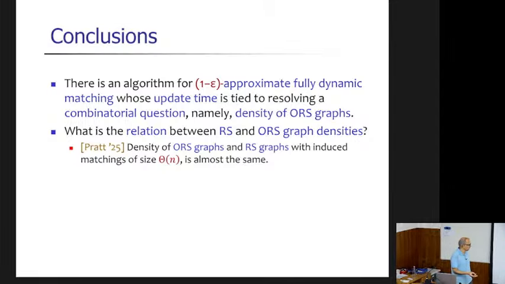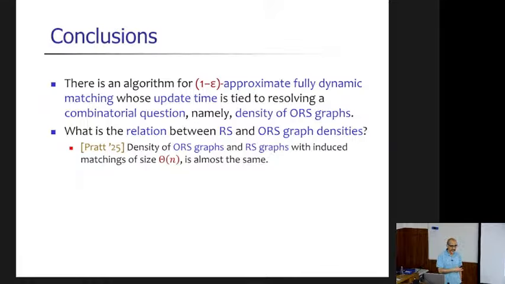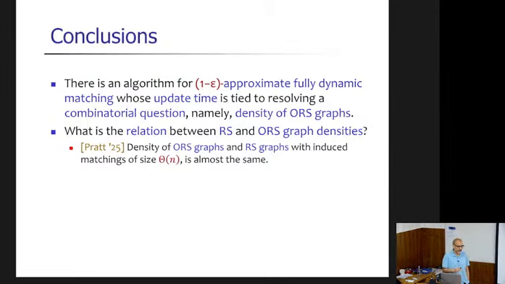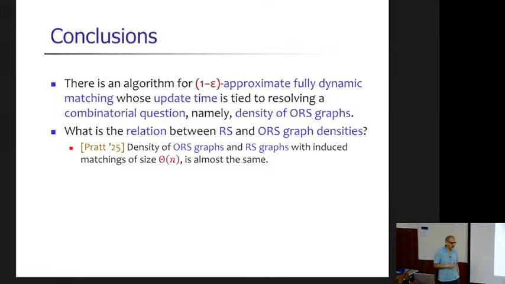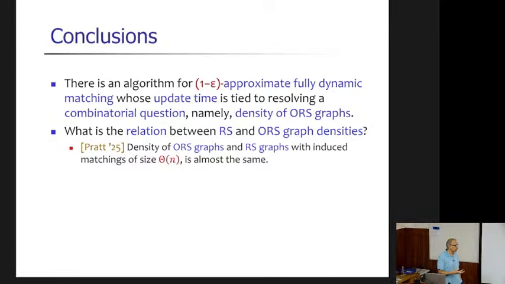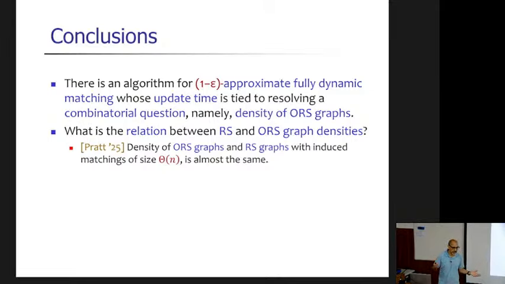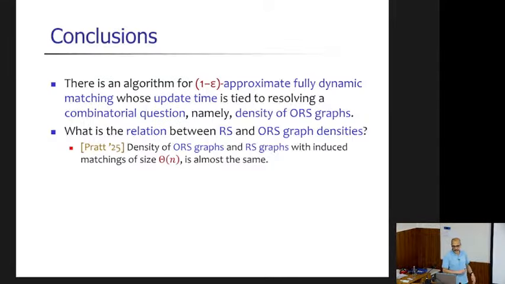And this is very good because RS graph density has been studied for decades, so it's on a very strong footing. We know this is a problem where there won't be an easy resolution, and at the same time, we feel there is a good chance the answer could turn out to be much better than n. But for ORS graphs, we didn't quite fully know what relaxing this induced requirement with respect to prefix or suffix meant. Maybe in a few years we might have shown that you can pack close to n matchings, okay? But now we know that's not going to happen.